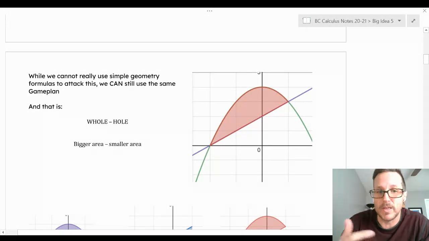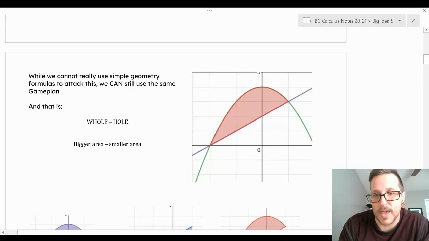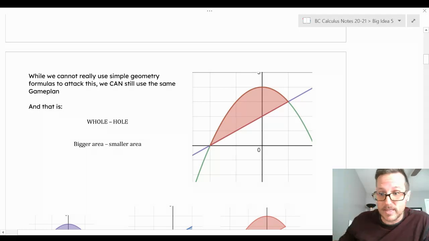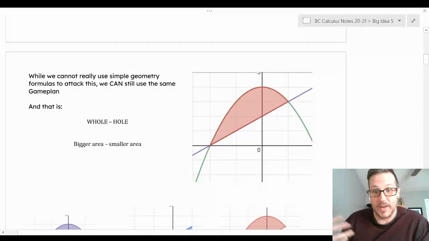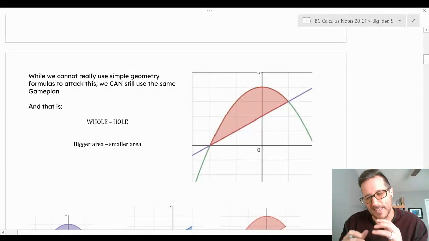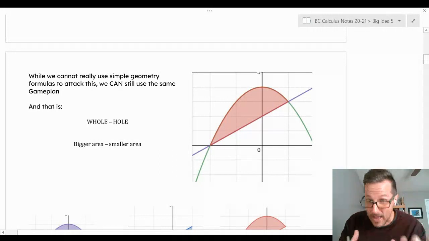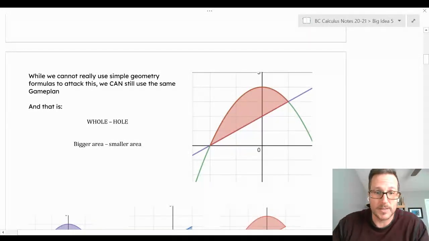How do we come up with the area of that figure? Well, the idea goes back to that old geometry problem, find the area of the shaded region. We want to take the bigger area and subtract the smaller area. We know that definite integrals, while they aren't exactly area, they do find area for us.